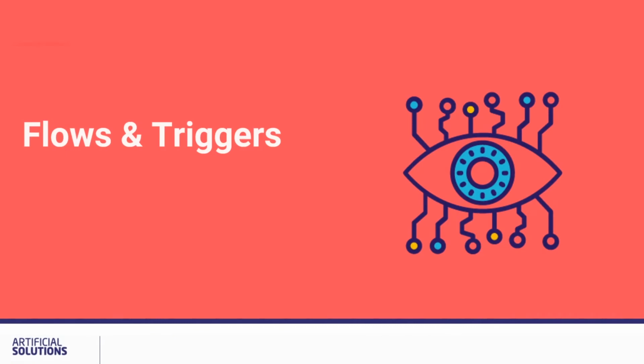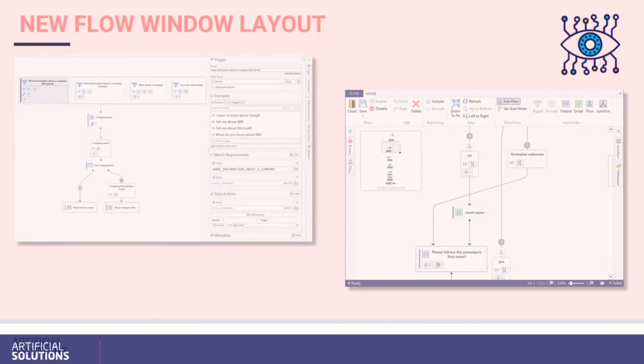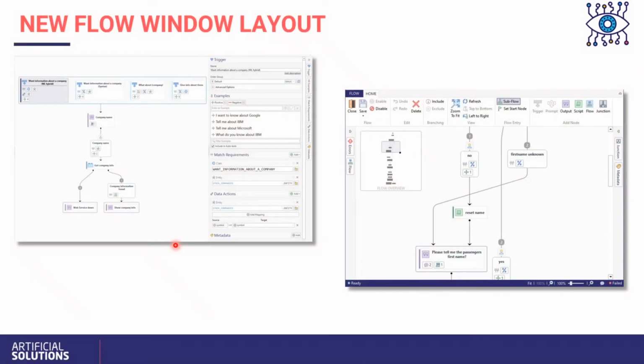area that we'll be having a look at is this one with flows and triggers. So what's new inside this header bucket of elements that I have named flows and triggers? First of all, there's a new layout.